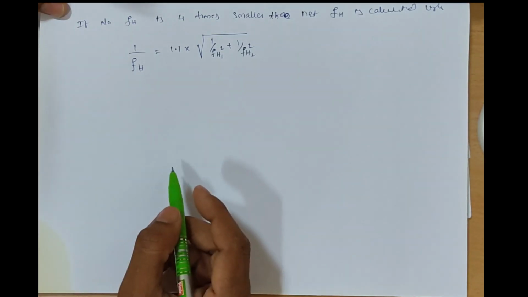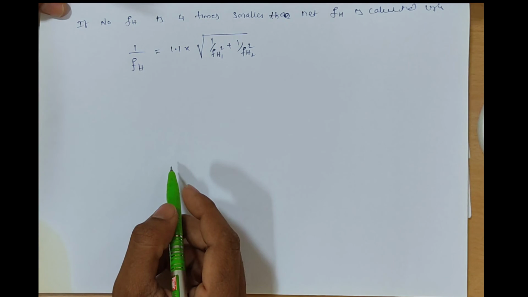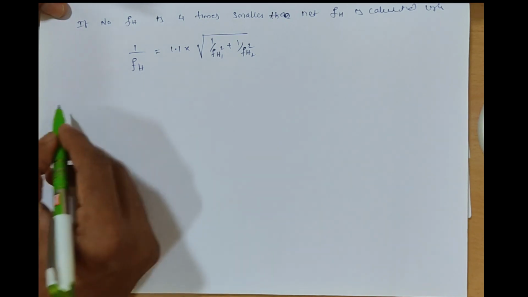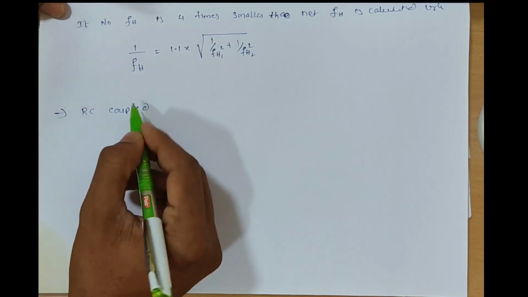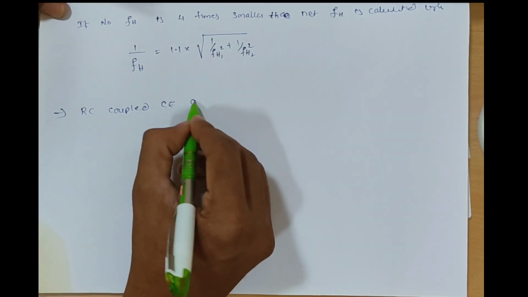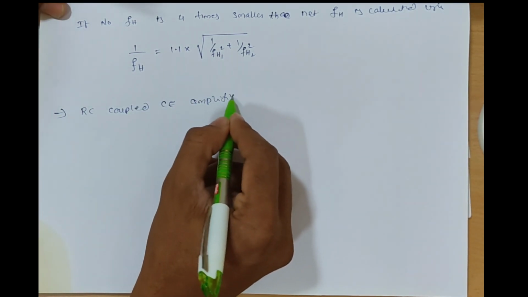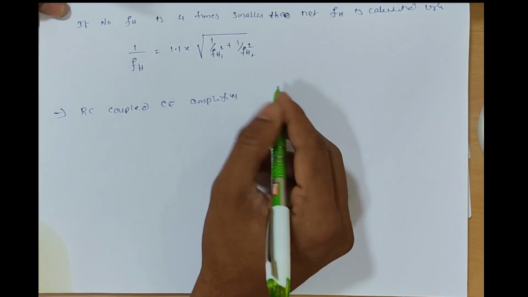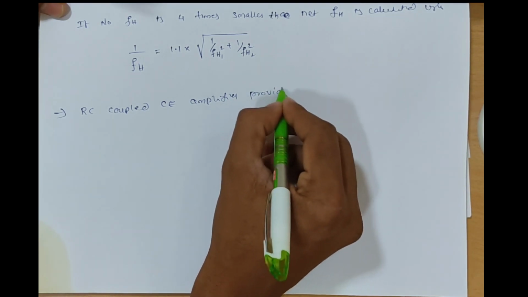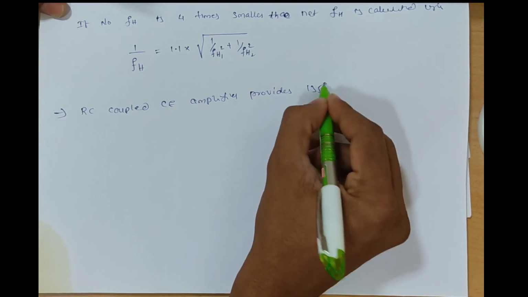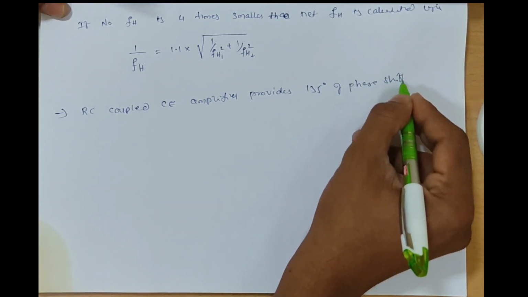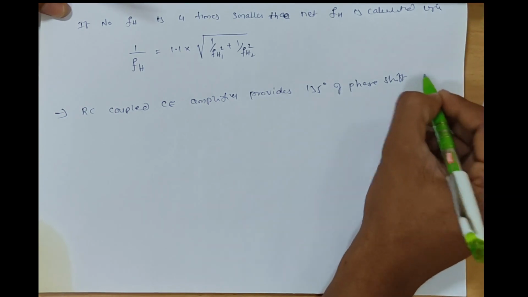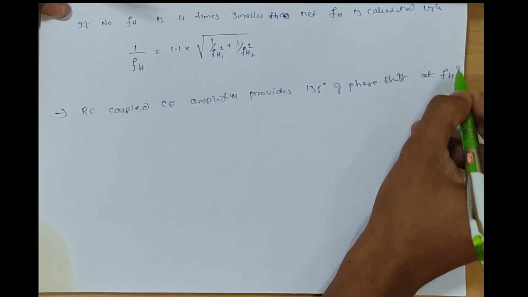In this way we can calculate the net higher cutoff frequency, and the RC coupled CE amplifier will provide 135 degrees of phase shift at the upper cutoff frequency, at higher frequency.